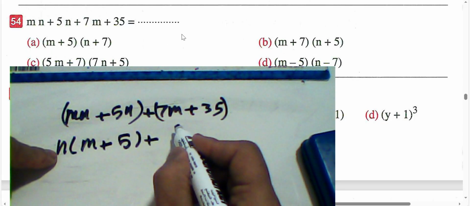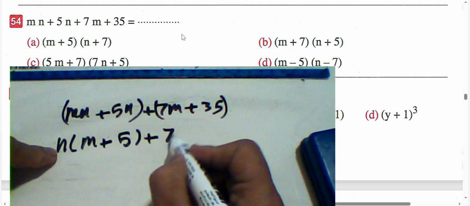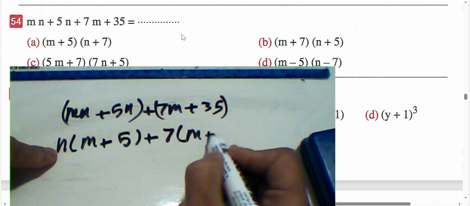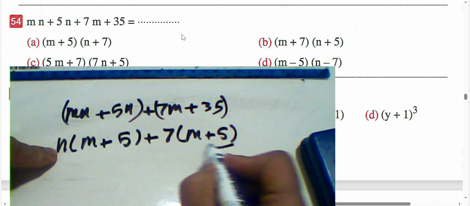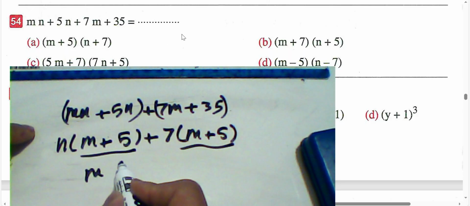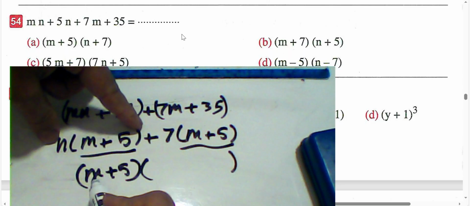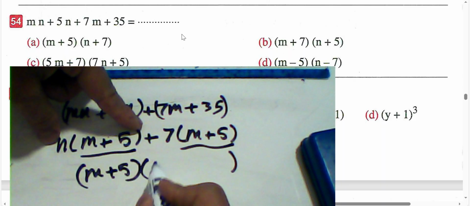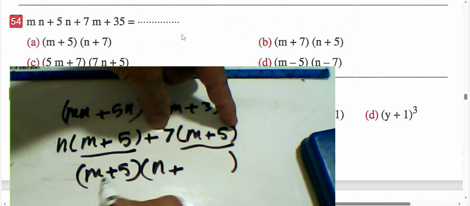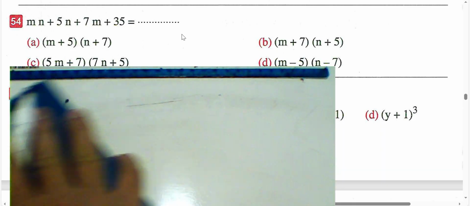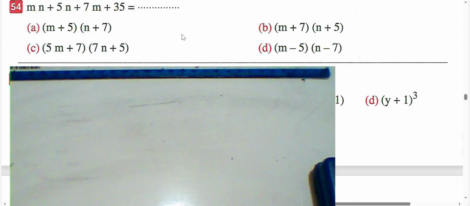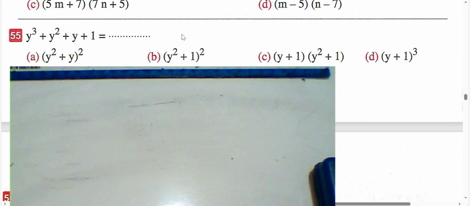And here write highest common factor between together. Write 7m divide m equal 7. 35 divided 7 equal 5. This expression was repeating. Then you can write m plus 5 again, highest common factor between two expressions. Divide expression by m plus 5, it will be n. And this expression divided this expression, it will be 7. Choose the answer, okay? Next question.